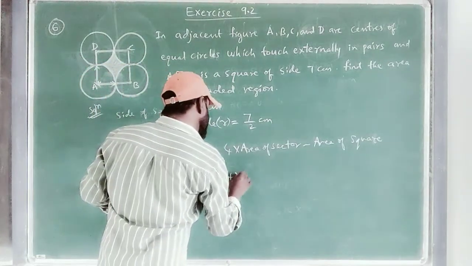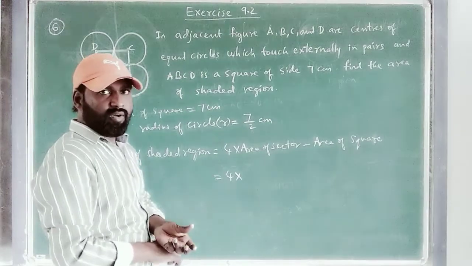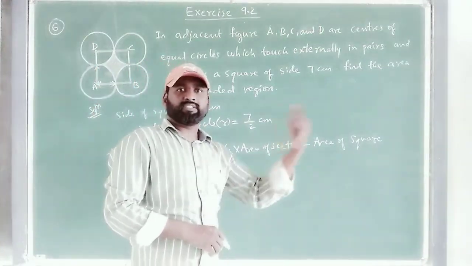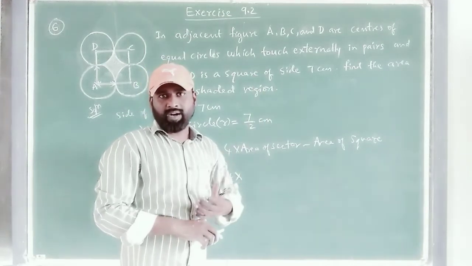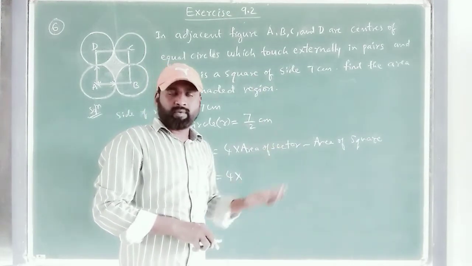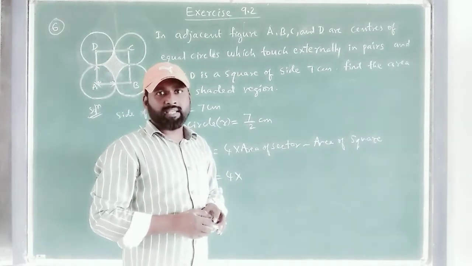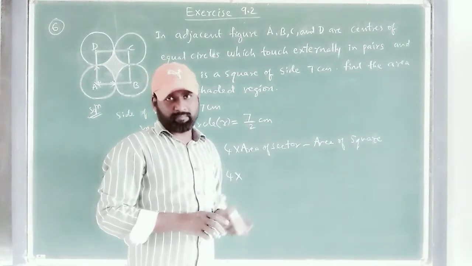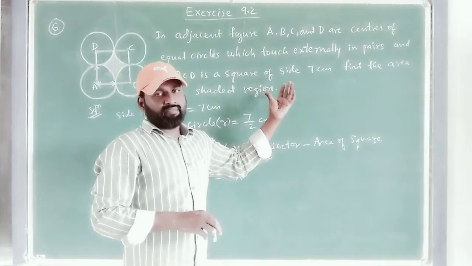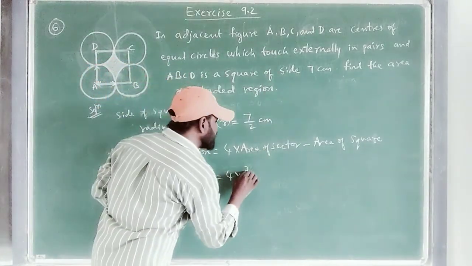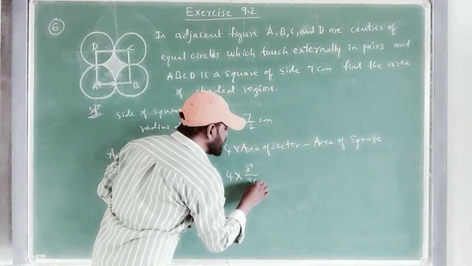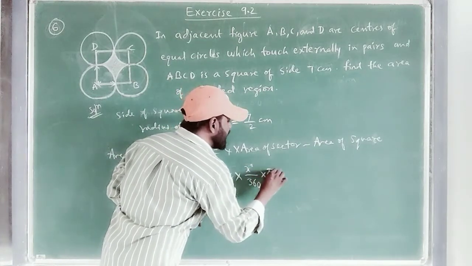Now 4 into the area of the sector, the formula we know. Already it is given in the first class of our chapter 9. All quadrilaterals, triangle, ring, sector, circle, semicircle, everything is explained in the first part of our 9th chapter. Okay. So area of the sector formula is x degrees by 360 degrees into pi r square.